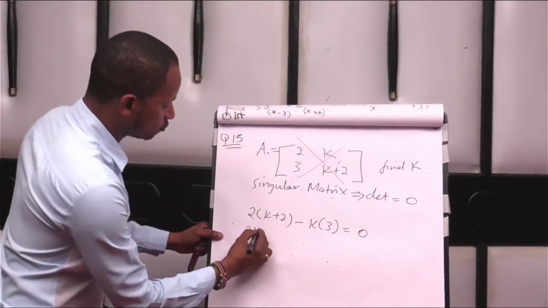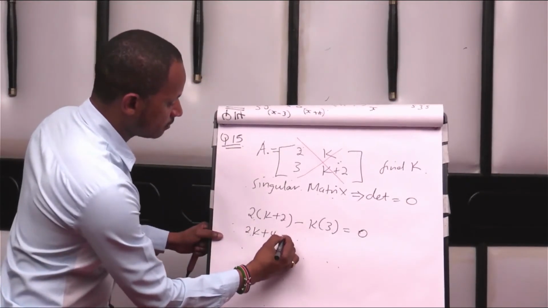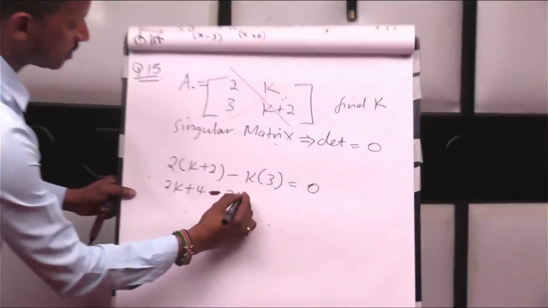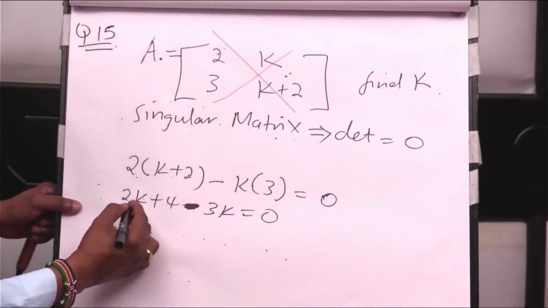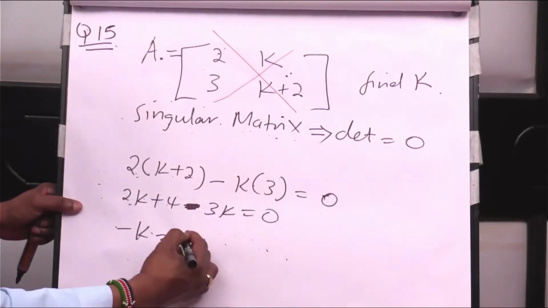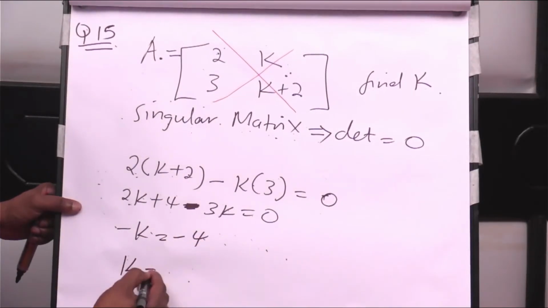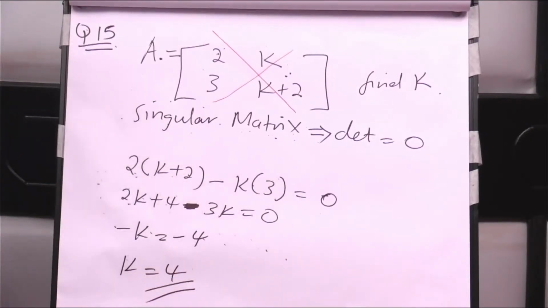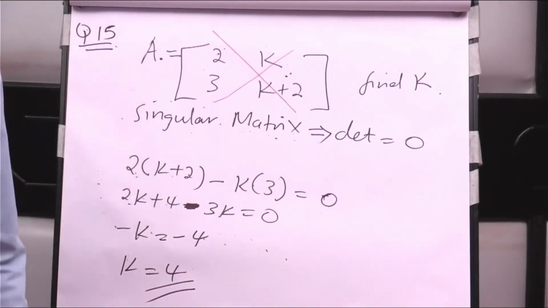Open the bracket: 2k plus 4 minus 3k equals 0. So 2k minus 3k is minus k equals minus 4. So k equals 4. Very easy. Question number 16.